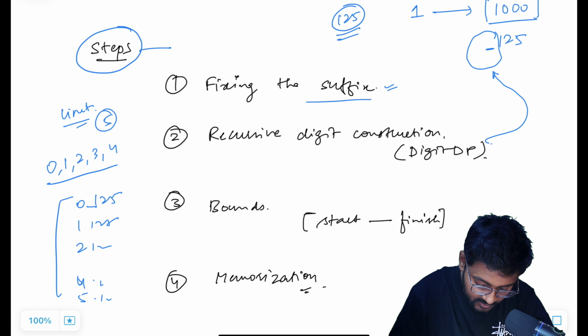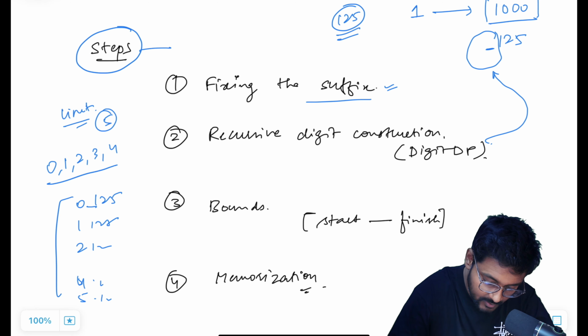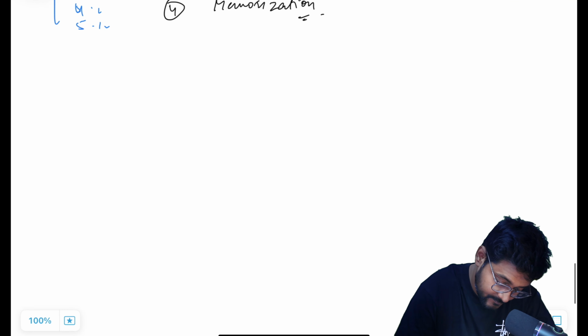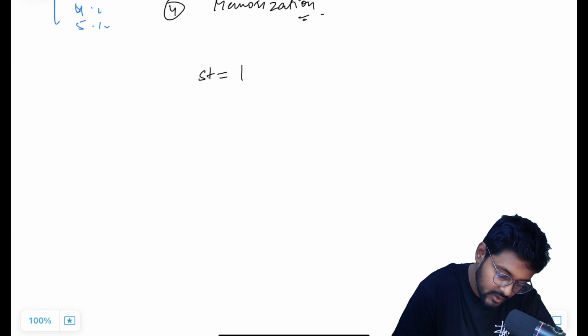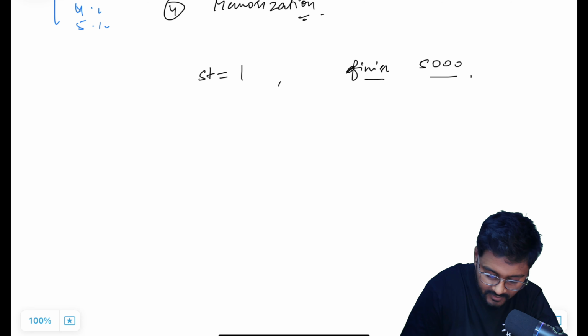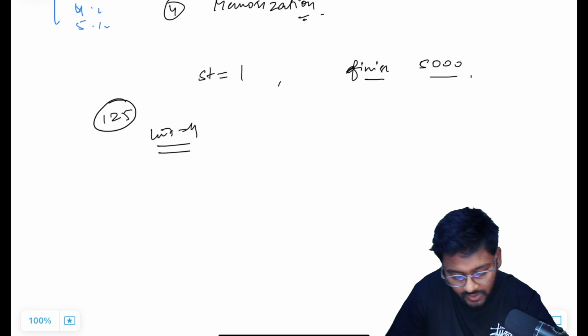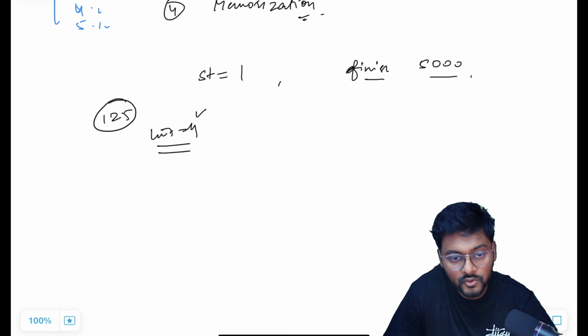So it is 1000. Let me just take 2000 because I'm getting only one answer. Okay, let's say the range is, let me show you again: start is 1 and finish is 5000, and the suffix should be 125, and the limit is 4. If the limit is 4, no digit is crossing the limit.